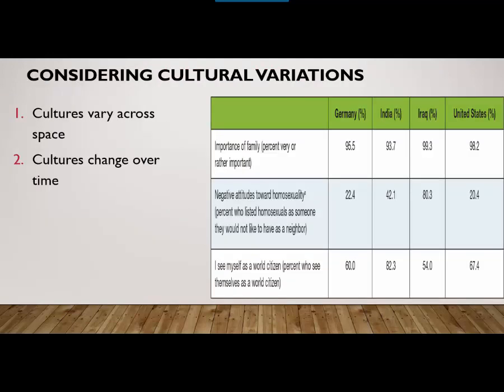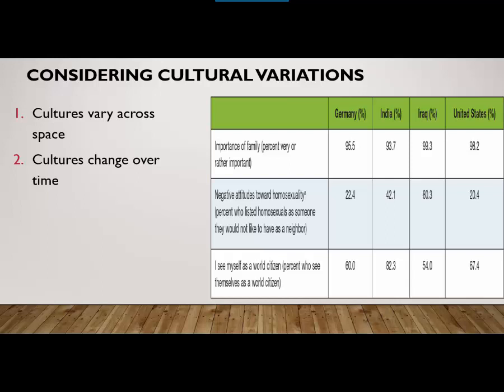Now, a couple of quick points to make before we delve more deeply into American culture. Cultures vary across space. So even right now in 2019, the American culture and our beliefs and attitudes and material objects might be different than what you would find in Germany or India or Japan or Chile or Canada.